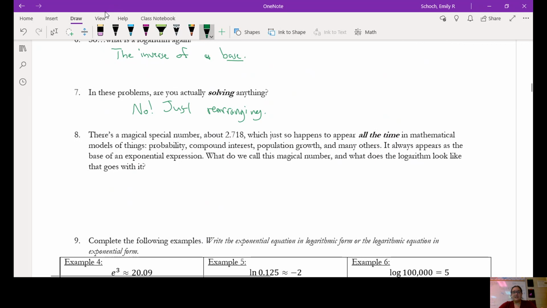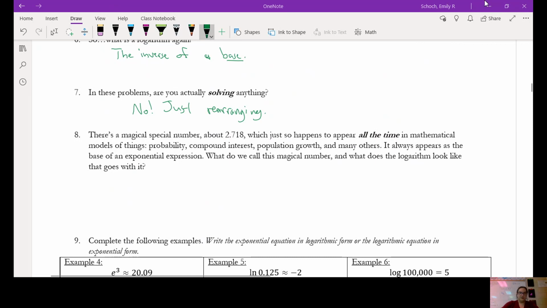So there's this magical number. It's about 2.718, and it just appears all the time in things, in probability, interest growth, population growth. It also has to do with earthquake power. There's just all sorts of things where when you mathematically set something up to represent a system in nature, this number appears over and over, okay?